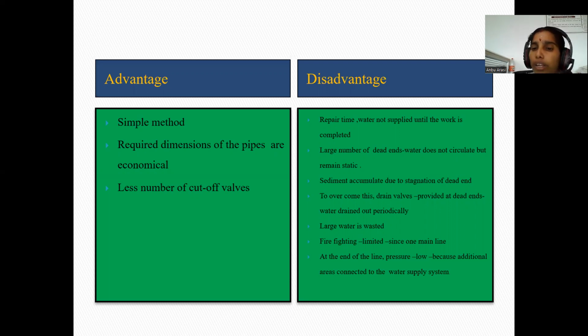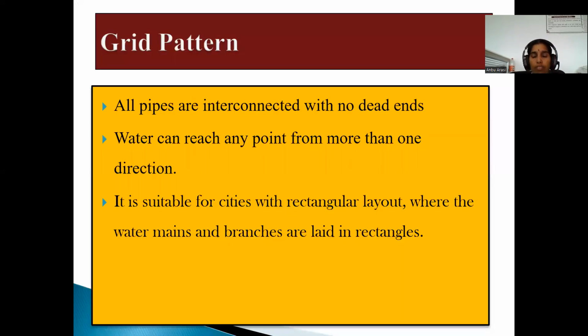Sediment accumulates due to stagnation at dead ends. To overcome this, drain valves are provided at dead ends and water is drained out periodically. Large amounts of water are wasted. Firefighting is limited since there is one main line. At the end of the line, pressure is low because additional areas are connected to the water supply main.